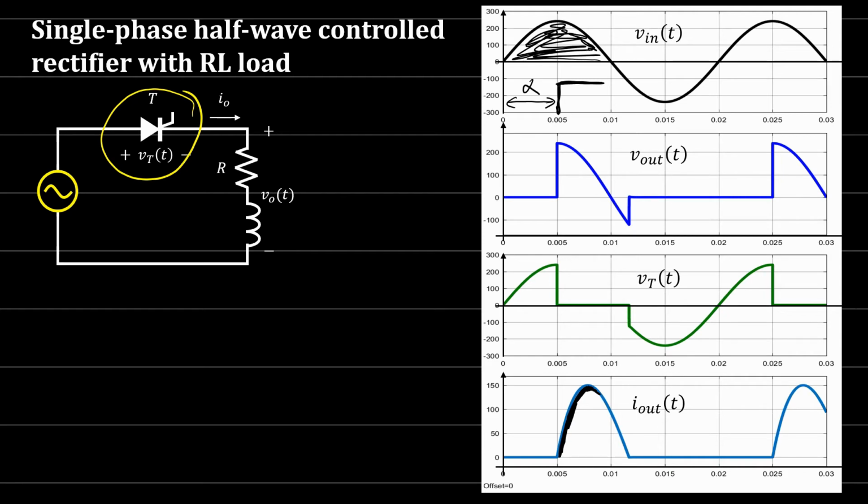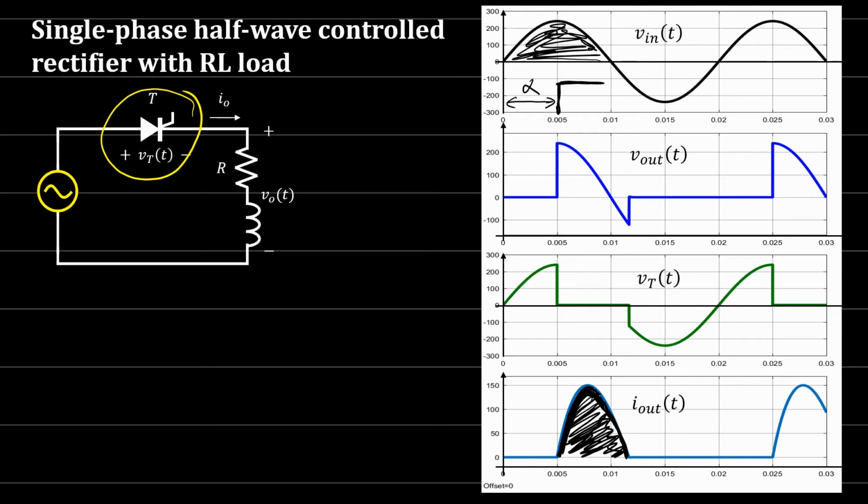It's not an instant change like the resistor. With the resistor, if we don't have current, then it's 0. But the inductor holds the current and takes time to release it. So the current inside the inductor will be delayed like this, and it will take time to leave the inductor.